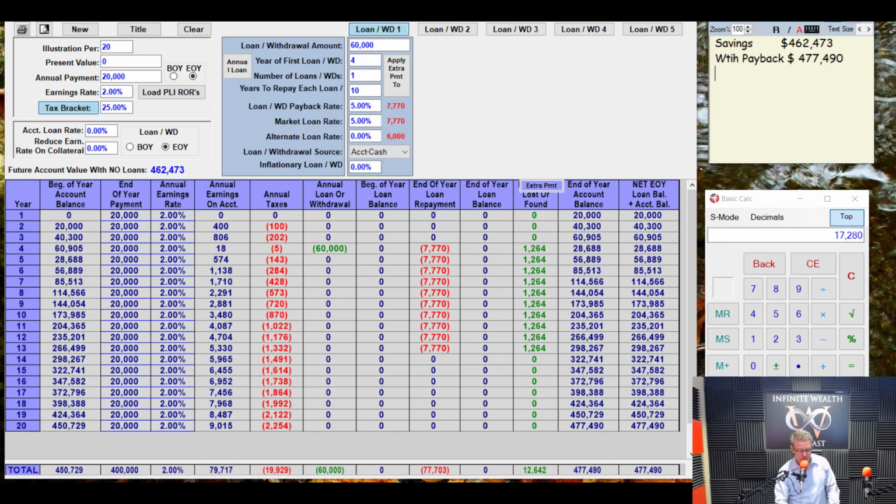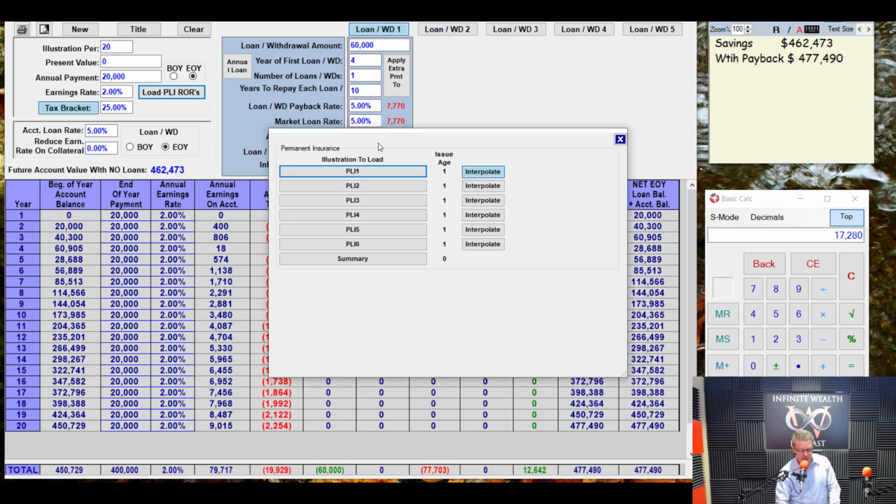What we're going to do is use a policy loan, and that's at 5%. I'm going to load in the annual rate of return on an actual policy.